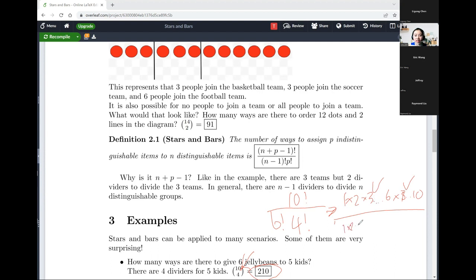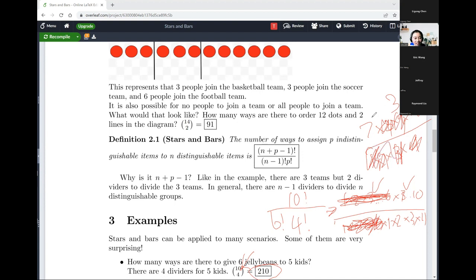Notice that the tops both have 1 times 2 times 3 times 4 times 5 times 6, so does the bottom. So this becomes 7 times 8 times 9 times 10 divided by 1 times 2 times 3 times 4. Notice that 2 and 4 make 8, 3 goes away because of 9, and anything divided by 1 is itself. So we have 7 times 3 times 10 as our answer, and that is precisely 210.